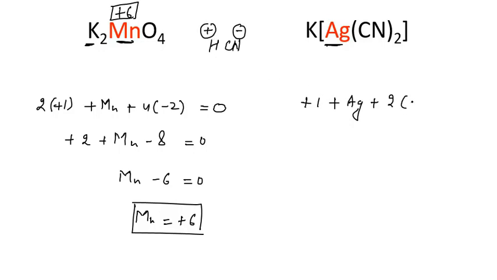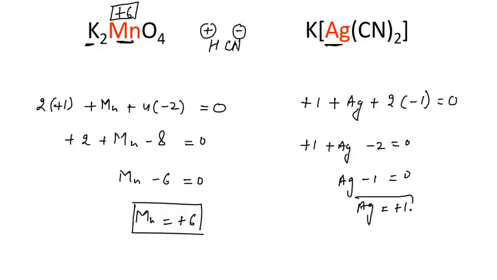So for cyanide ion you can directly plug in -1, and this is a neutral complex, equal to 0. We can simplify: +1, then Ag, and here we have -2 is equal to 0. Then Ag and -1 is equal to 0. Then Ag is equal to +1 oxidation number. Silver shows +1 oxidation number.